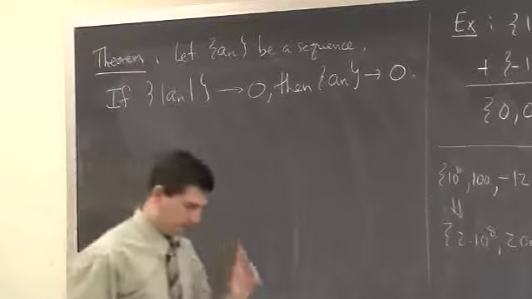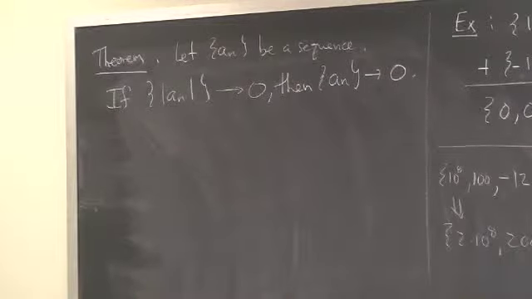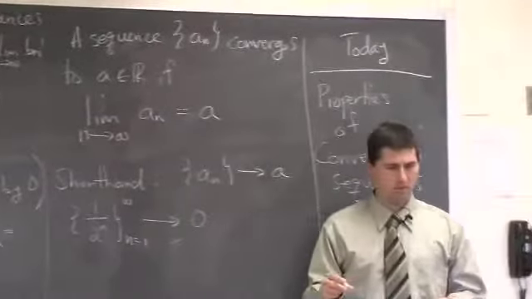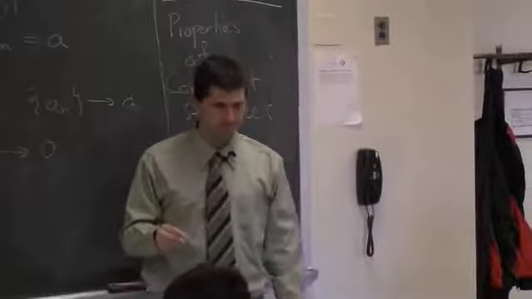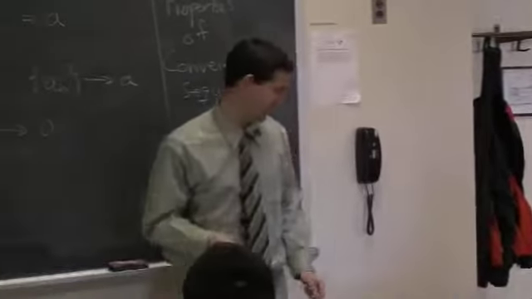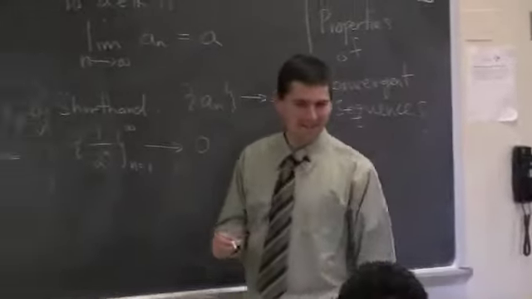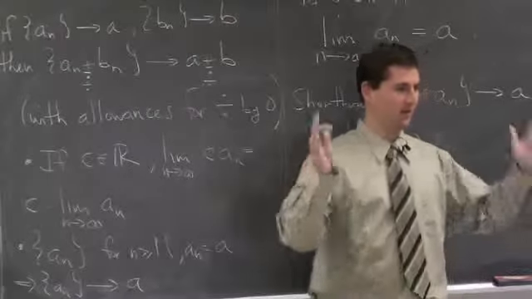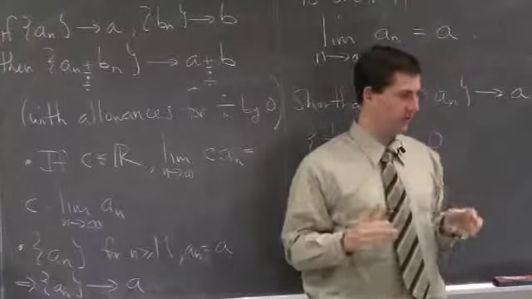Okay, so let's see that intuitively. What does it mean that the absolute value of all the terms is going to 0? What's happening?